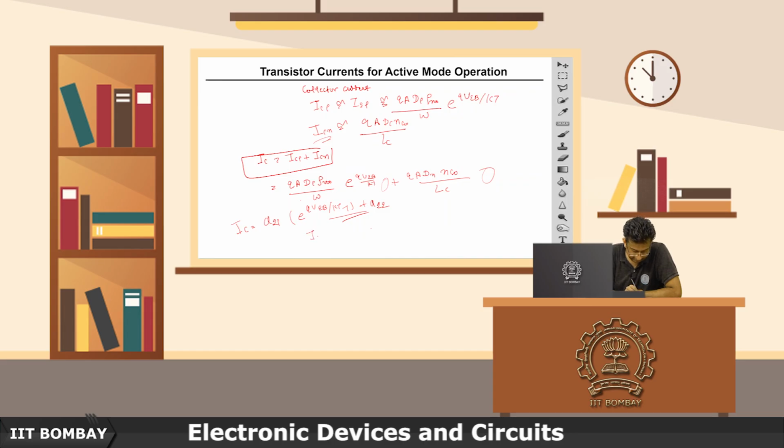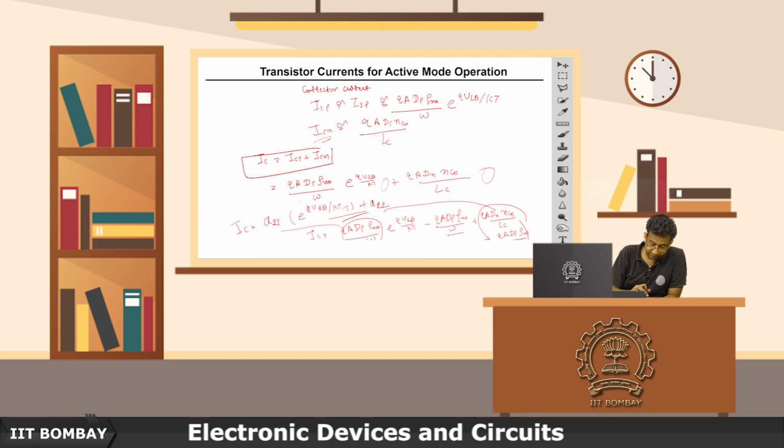So the expression can be written as QADPPN0 divided by W e raised to power QVEB by KT minus QADPPN0 divided by W, plus QADNNC0 divided by LC, plus this term QADPPN0 divided by W. So this term becomes your A22 and this term becomes A21.